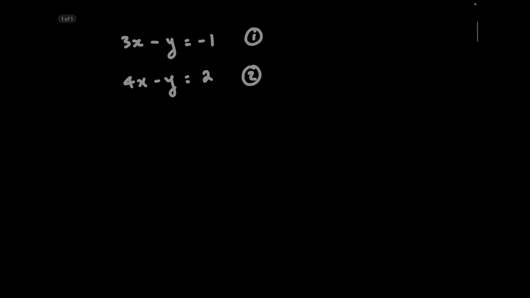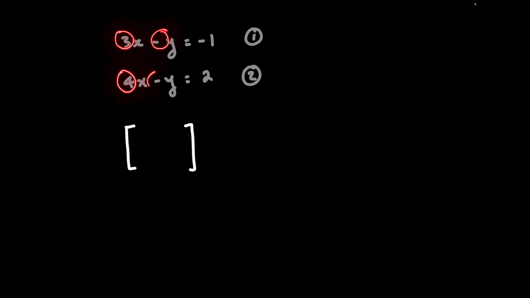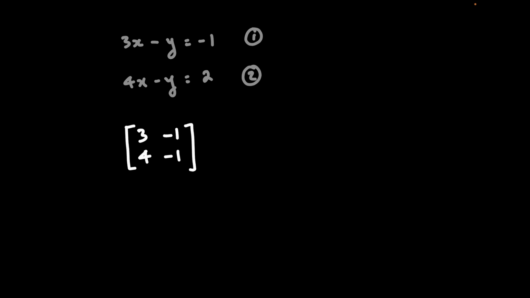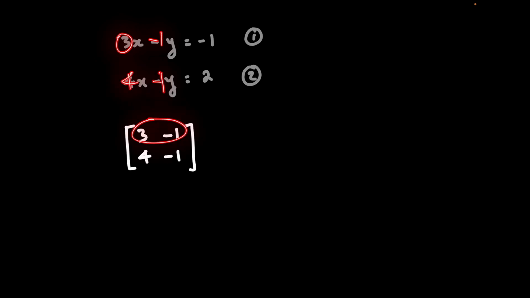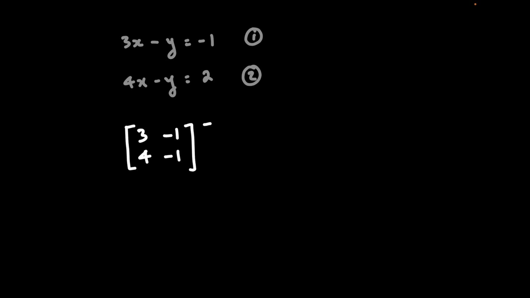So for the first matrix, I'm going to draw a simple 2 by 2 matrix, and it's going to contain the coefficients of x and y in that order. So I have 3, -1, 4, -1, because this is 3, -1 for the coefficients of x, and 4, -1 for the coefficients of y.